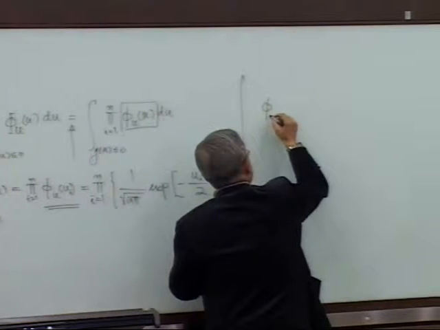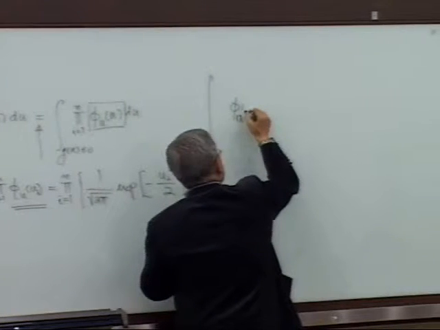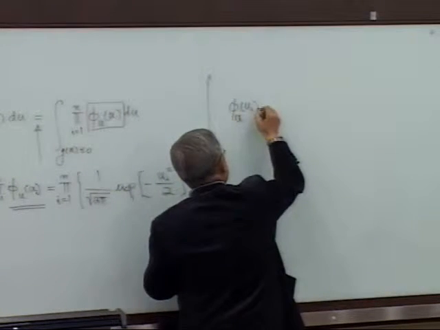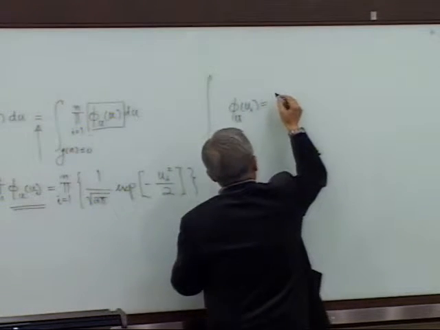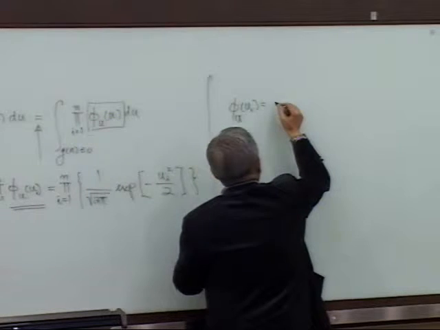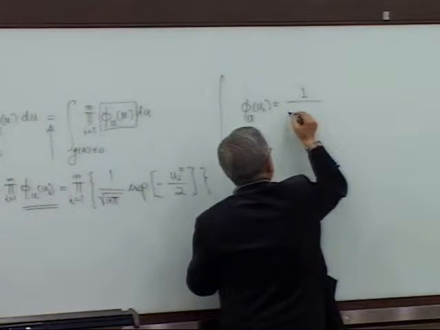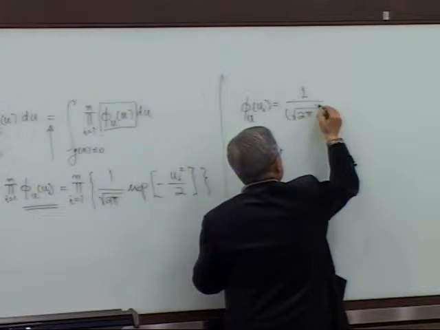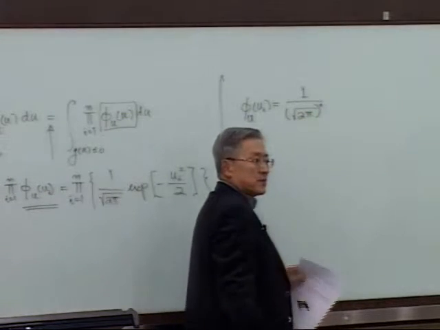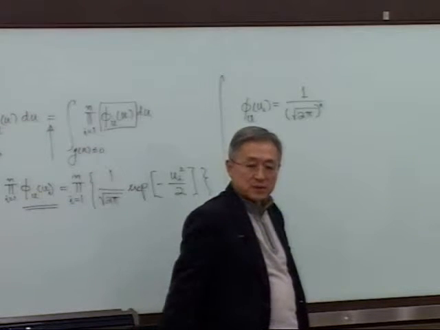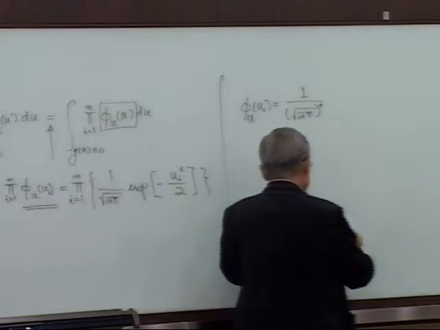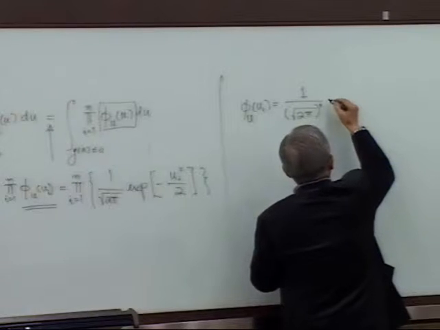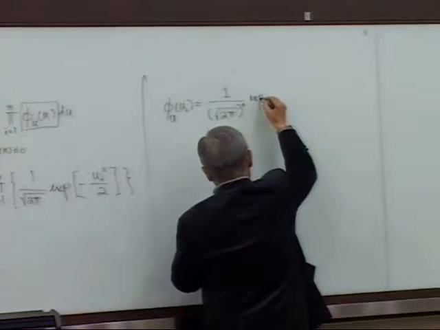Phi U, u_i, is equal to 1 over 2 pi to the n power, because the product is nothing but the multiplication of the entries, exp.